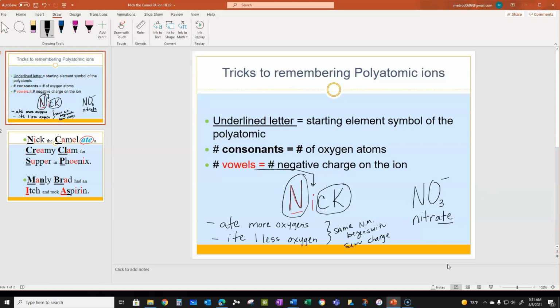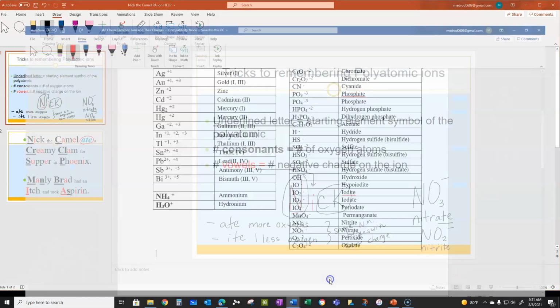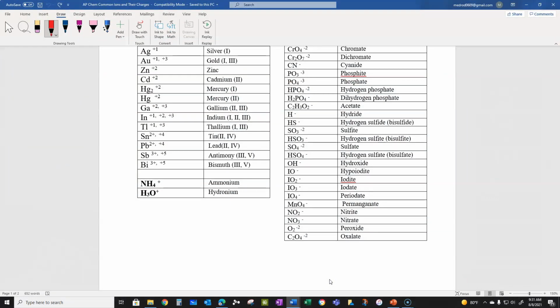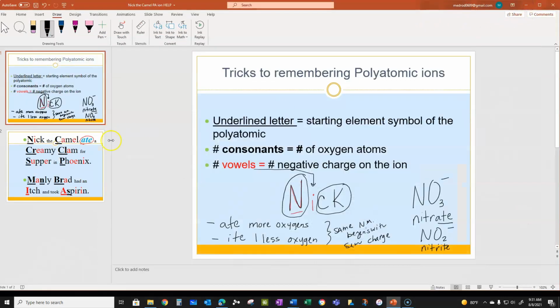There's nothing difficult about that. So if I have ITE, that means all I do is just take off 1 oxygen, same -1 charge, and now this is called nitrite. Okay, so that means on our list, we just got done with those 2. Okay, easy peasy. So I'm going to do a couple with you, and then you guys can do some yourself.